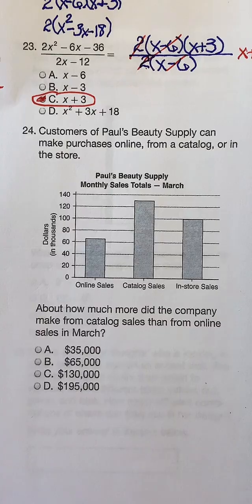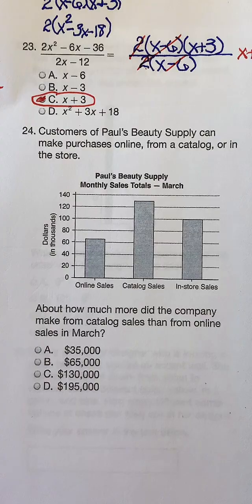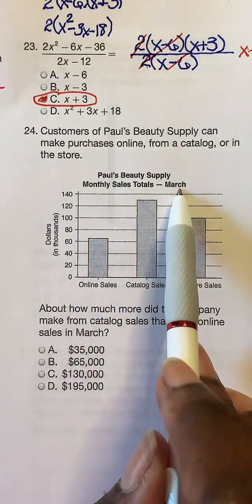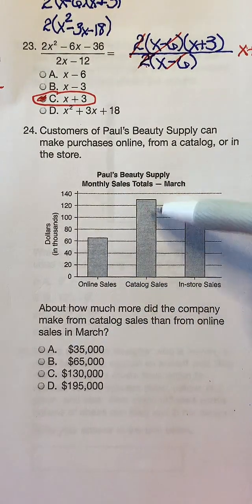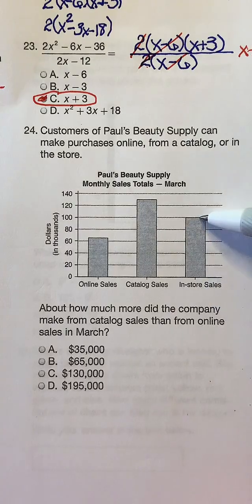So customers of Paul's Beauty Supply can make purchases online from a catalog or in the store. Okay, why are you doing it online if you're in the store? But anyway, we have our chart representing Paul's Beauty Supplies. This is all happening in the month of March. We have our online sales, our catalog sales, and our in-store sales.